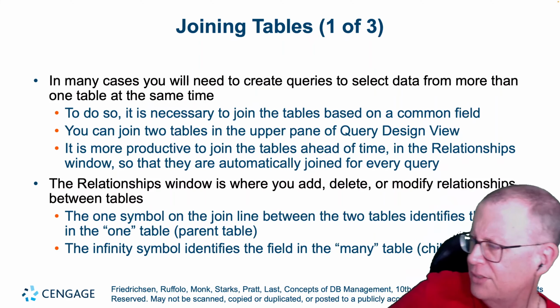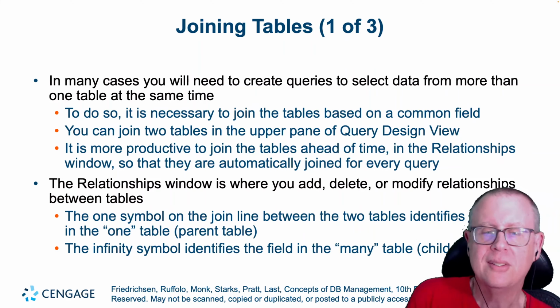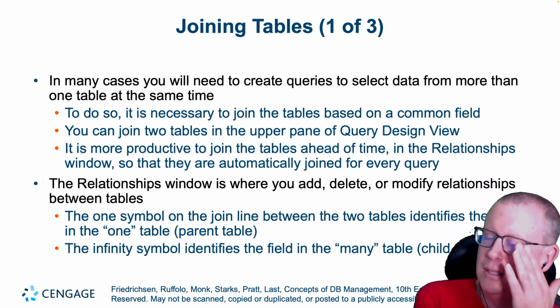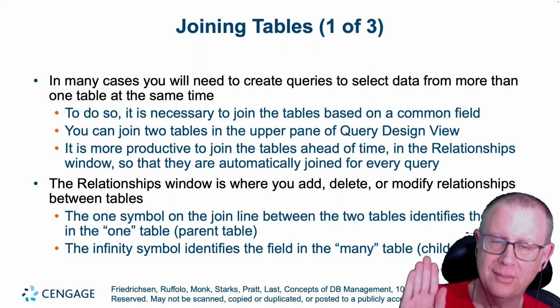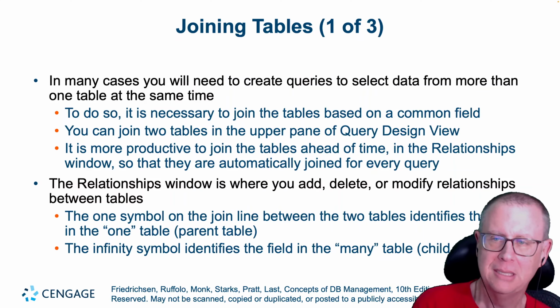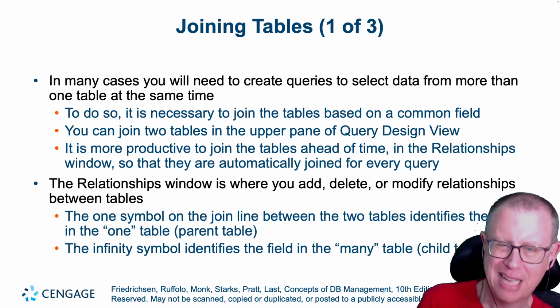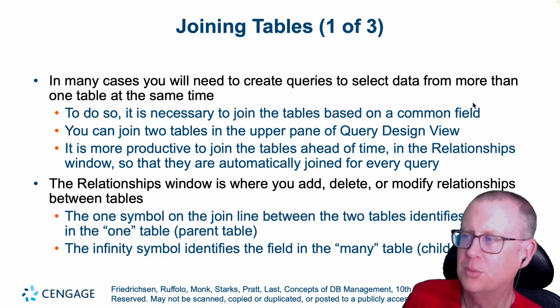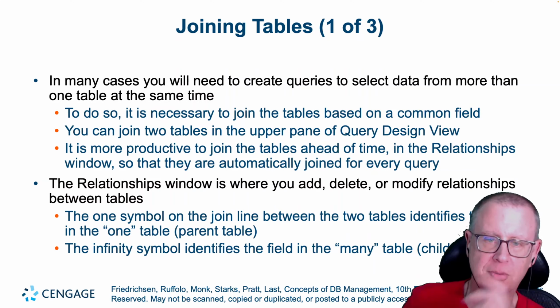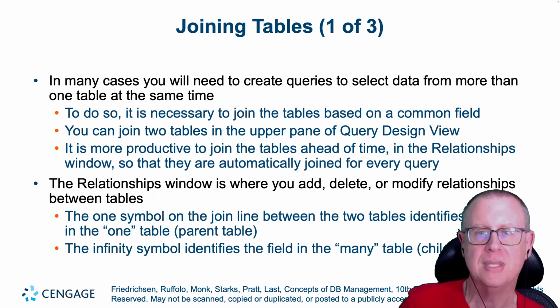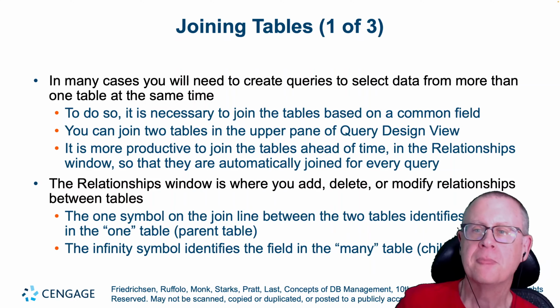And then I think the last main piece in this is joining tables. Here, this is where you've got two tables and there's an ID in one that is also in the other, right? So you need to have a common field, that's what this is saying, in order to connect those two tables, to form a relationship between those two tables.